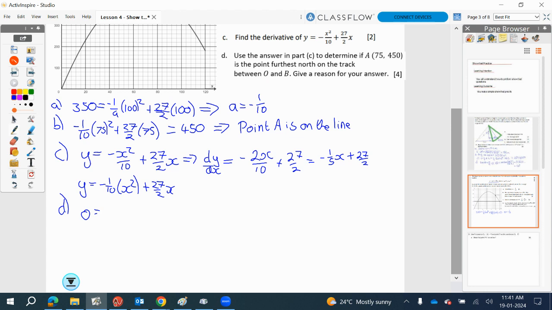But for follow-through marks, you have to show full working, so we can follow. So we've got minus 1 over 5x plus 27 over 2. What is the solution to this equation? Use your calculator now to solve it.